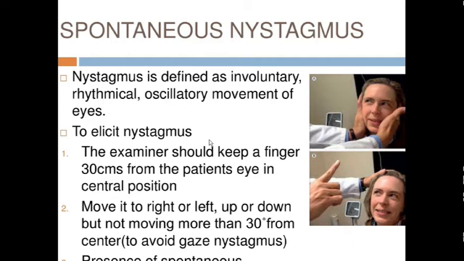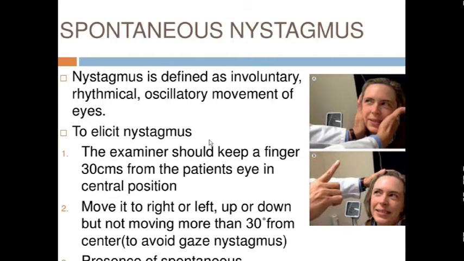Whenever the patient tries to fix his gaze, in mild nystagmus, the nystagmus will go. So always ask the patient to look at a far distance, as if he is looking towards infinity, and then ask him to move his eyeball. You are showing your finger only to show him the direction, but tell him not to fix his vision at my fingertip.